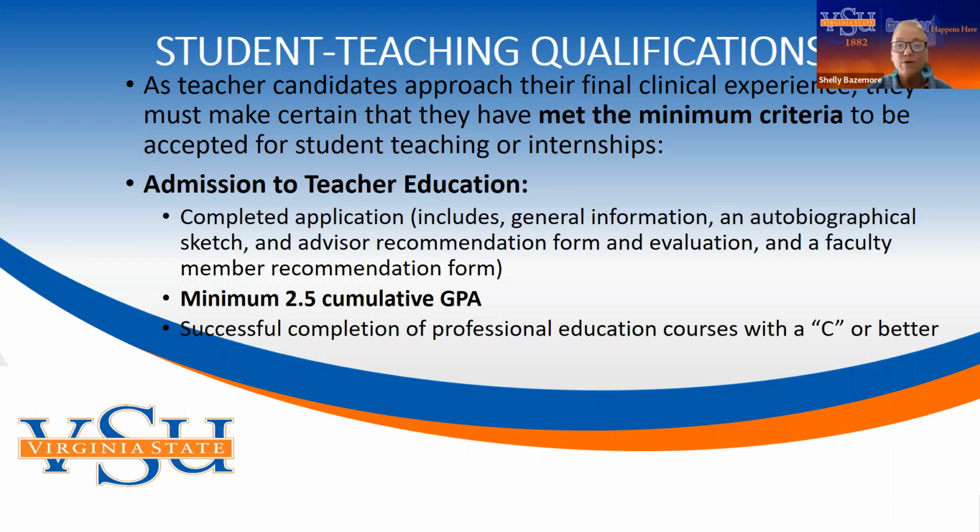Within the application, we gather general information, an autobiographical sketch, an advisor recommendation and evaluation, and then also a faculty member recommendation form. You must have a minimum of a 2.5 cumulative GPA, and you have to have at least a C or better in our professional education courses.